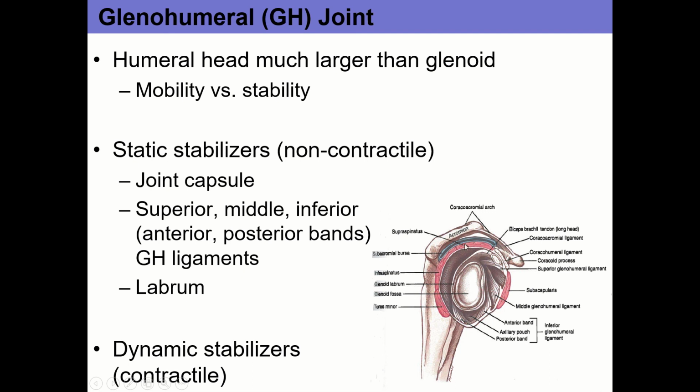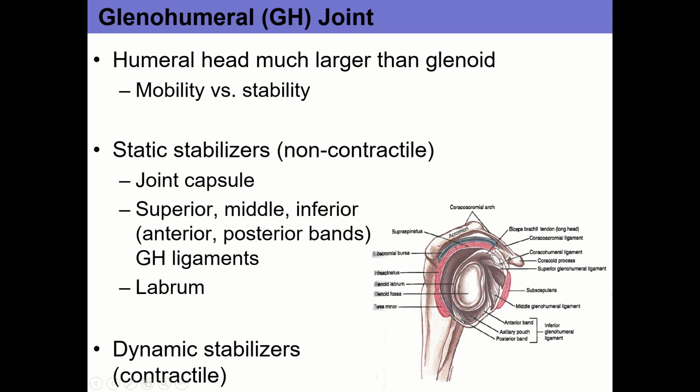Here's supraspinatus on top of the joint, infraspinatus back here, teres minor inferior to infraspinatus, and then on the front, or on the anterior aspect, you've got subscapularis. Those muscles run pretty close to the joint capsule, and so those are our primary dynamic stabilizers. If they're functioning correctly, they keep normal alignment between the humeral head and the glenoid and help stabilize the shoulder as well. In addition to those, there's also the long head of biceps tendon.